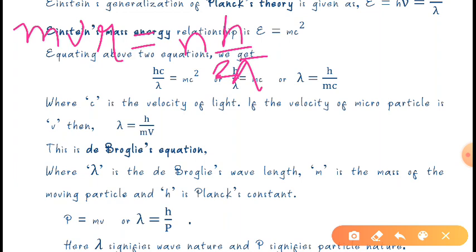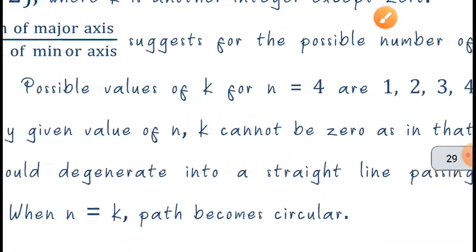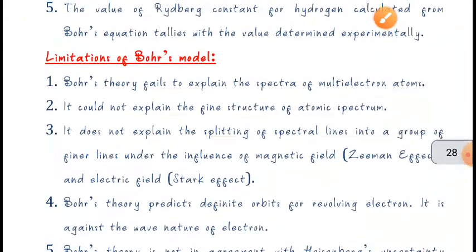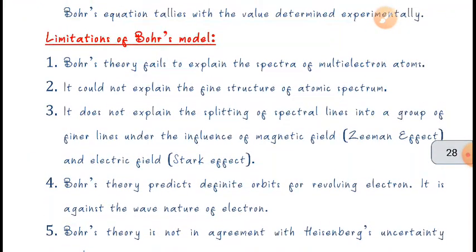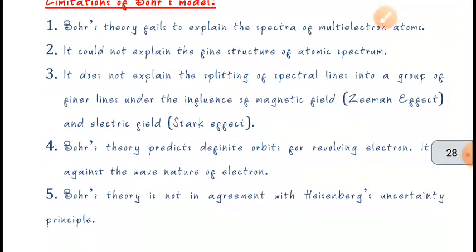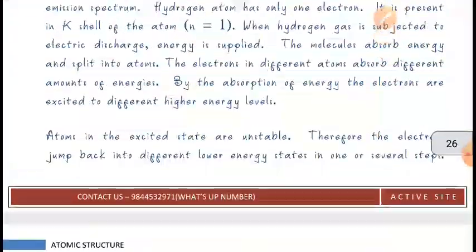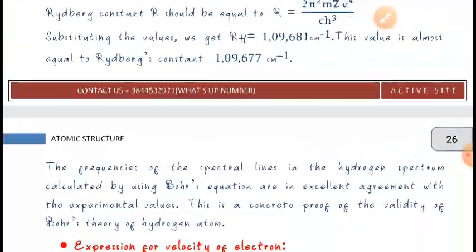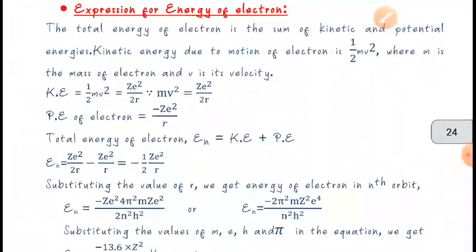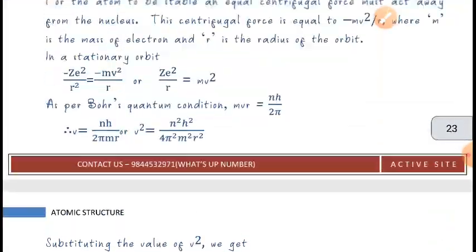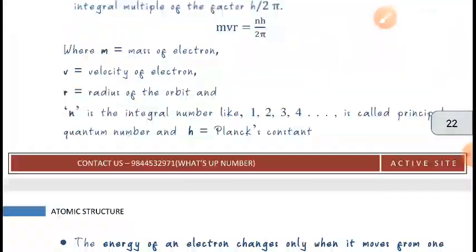But he was unable to explain this equation. As you can see here in the demerits, the limitations of the Bohr model, about the angular momentum, Bohr has given that the angular momentum of the electron is an integral multiple of nh by 2 pi.